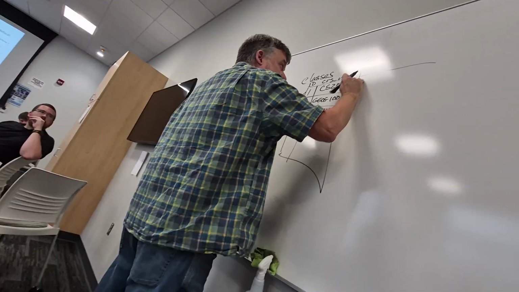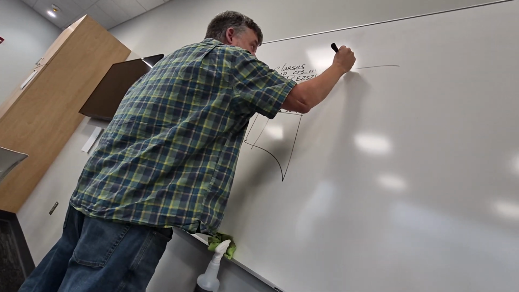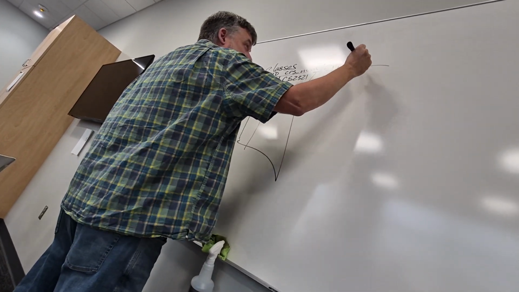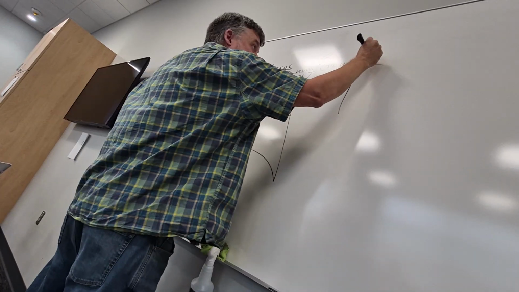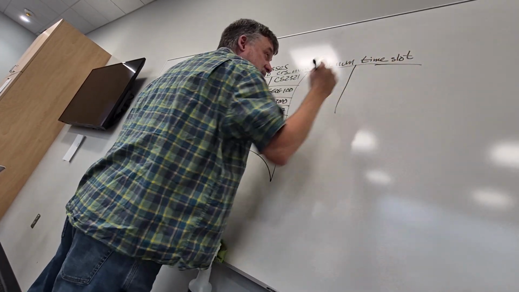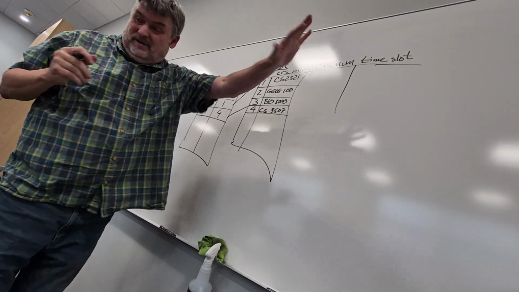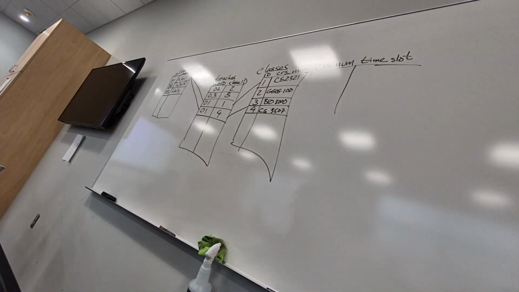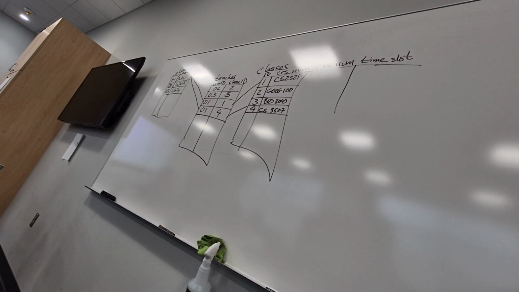There might also be other fields like room number, or the time slot during which that course is being taught. There may be additional information in that classes table.